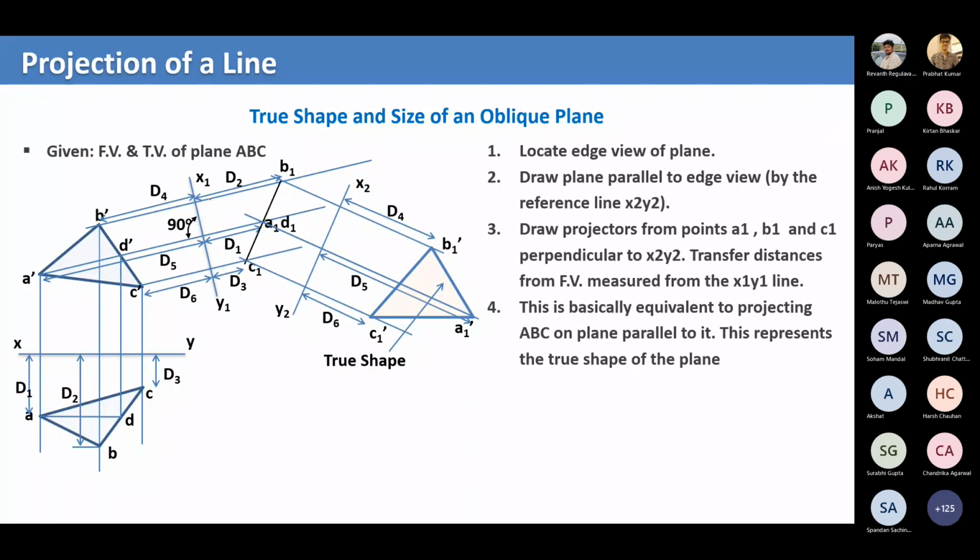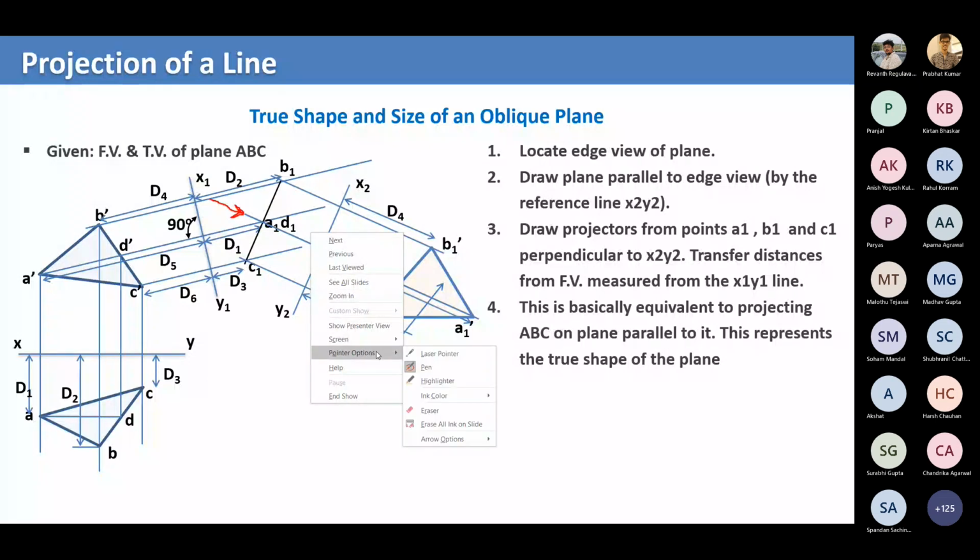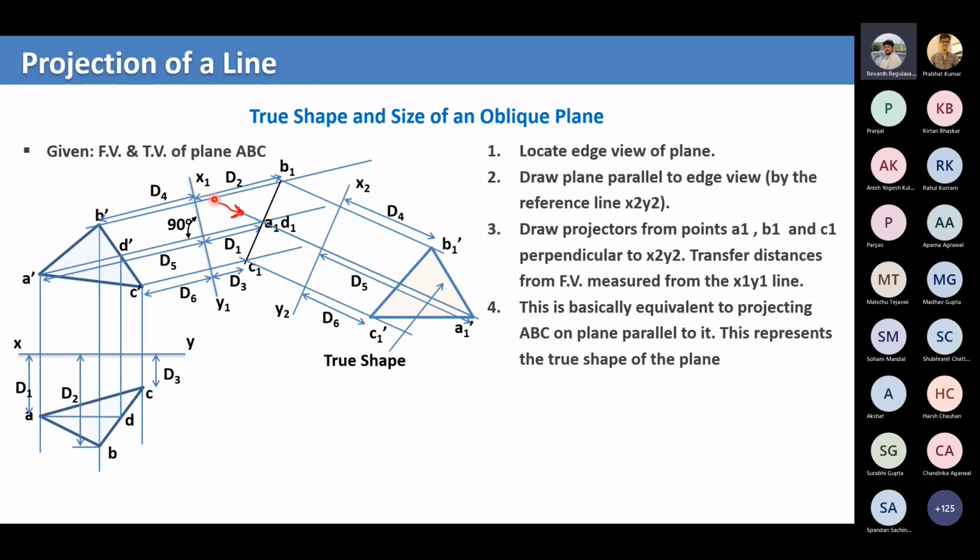So you have to see this in this direction. When you are observing from this direction, what does this mean? This is the auxiliary plane you need, x2, y2. Now you have to get the projections of A1, B1, C1 on this auxiliary plane so that you get the true shape of the oblique plane.